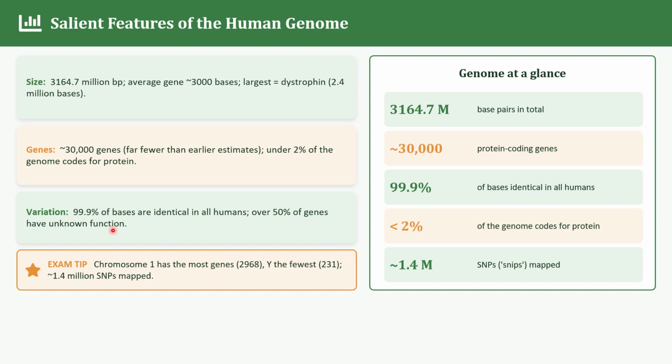And also next is the protein coding DNA. You can see here, 2% of the human genome codes for proteins. This means that a very large portion of the genome does not directly code for protein. Then repetitive DNA. Repetitive means it is nothing but repetition.